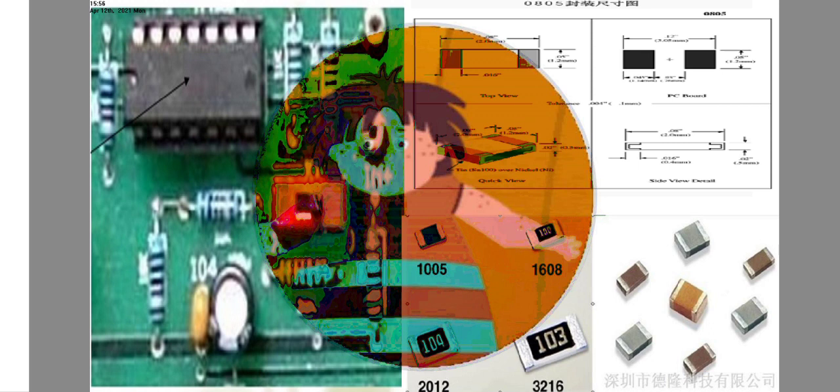Be careful that if you design a PCB, you must select SMD components. The dimension is as small as possible.